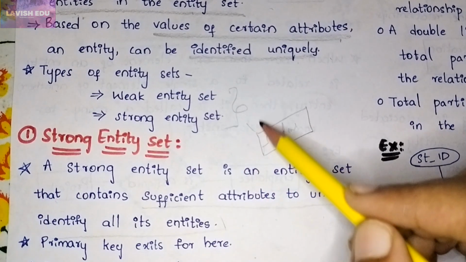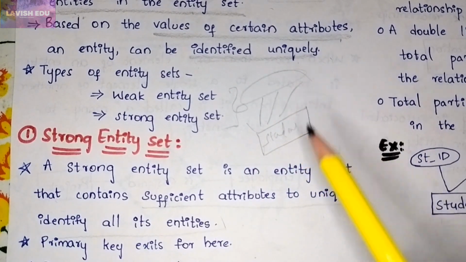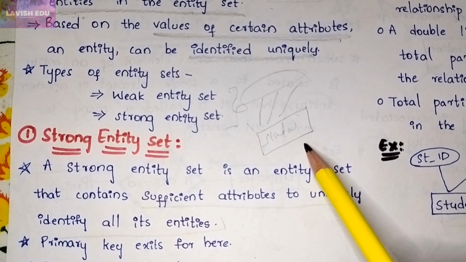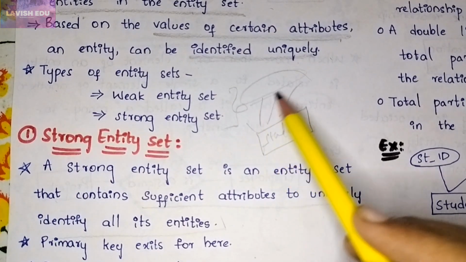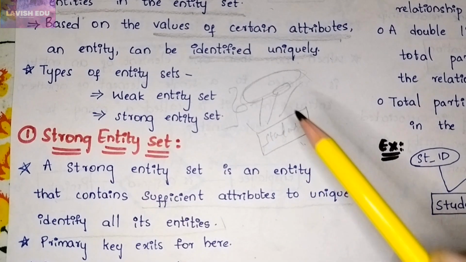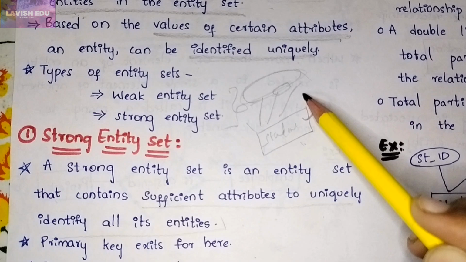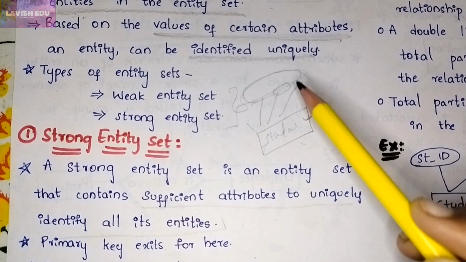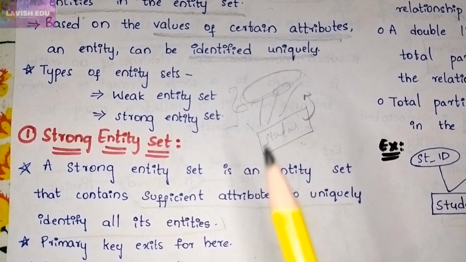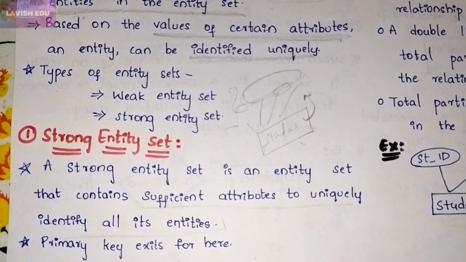It will define all the properties like name, roll number, age, everything. So it has sufficient attributes to define all the properties of a certain entity. The student entity can be clearly identified by these attributes, which are sufficient, and there is no need to add more attributes here.